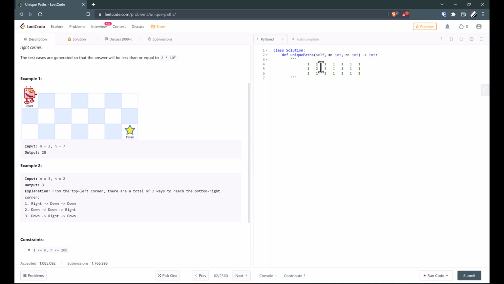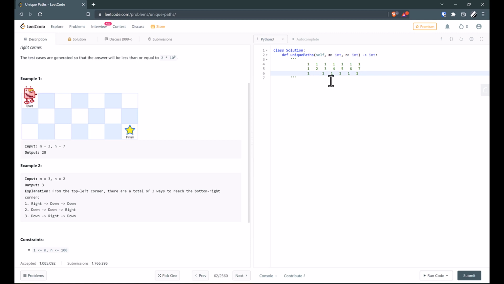So 1 plus 1 is 2, 2 plus 1 is 3, 3 plus 1 would be 4, and let's try to solve it this way. 4 plus 1 would be 5, 5 plus 1 would be 6, and 6 plus 1 would be 7.